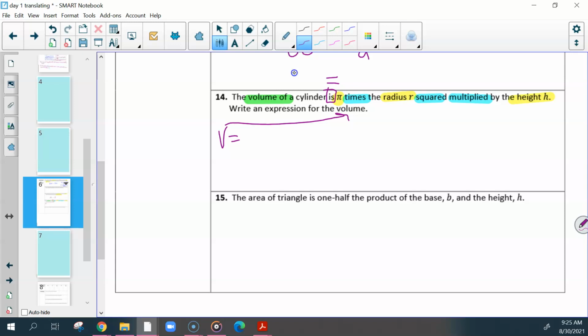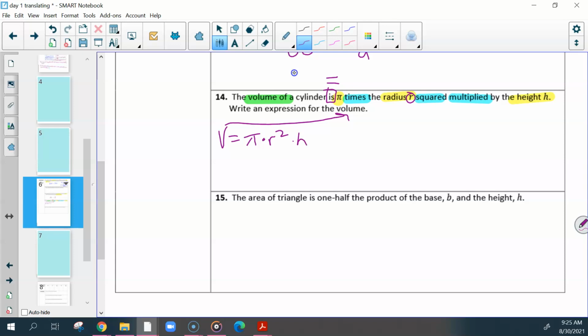Pi times the radius, which they say is r, and we're squaring it. And then we're also multiplying that by the height.